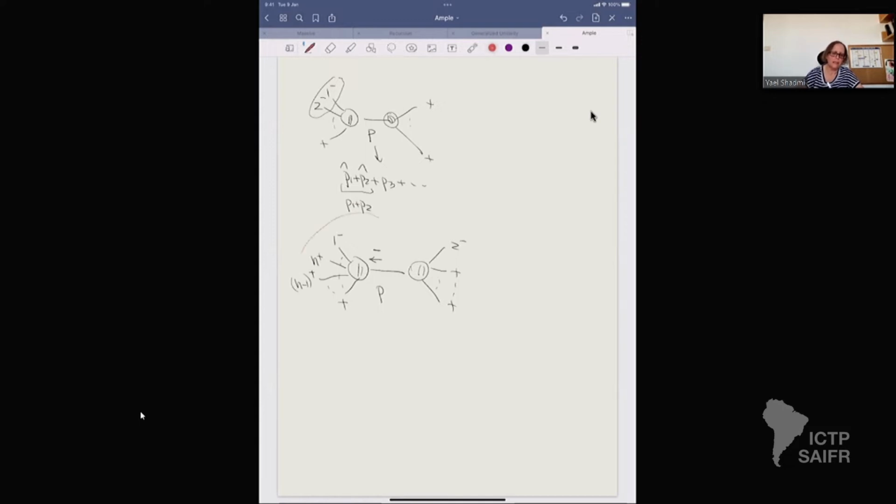The left side is fine because I have 2 minuses and some pluses. But this side is bad because coming in here, this helicity is plus. And so again, we have just 1 minus here. And so this part of the amplitude, the left part, vanishes. So again, there is nothing here.